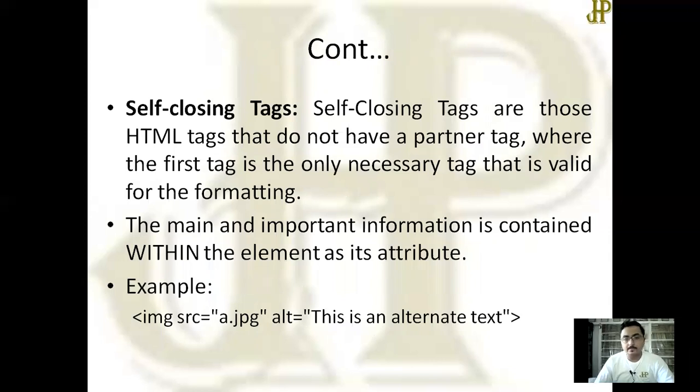Other categories can be the self-closing tag. These are HTML tags that do not have a partner tag, where the first tag is the only necessary tag valid for the formatting, but it looks like an unpaired tag.